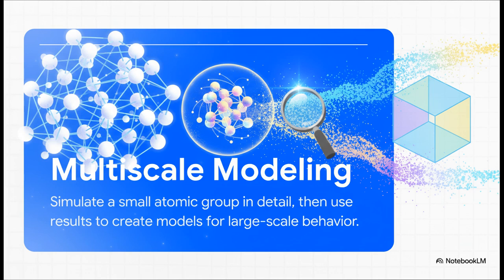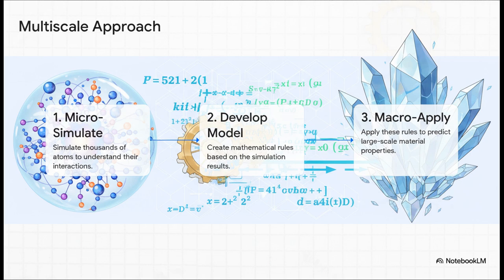The idea is, instead of trying to simulate every single atom in a giant crystal, which we know is impossible, scientists simulate a very small, manageable chunk of it, maybe just a few thousand atoms. But they simulate that tiny piece in excruciating, perfect detail, learning everything they can about how those atoms interact. It's really this beautiful three-step dance.